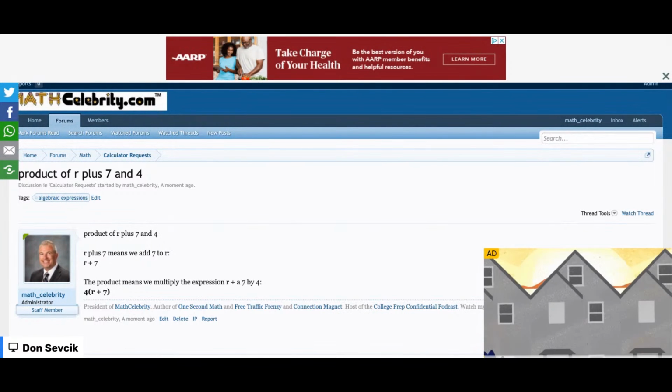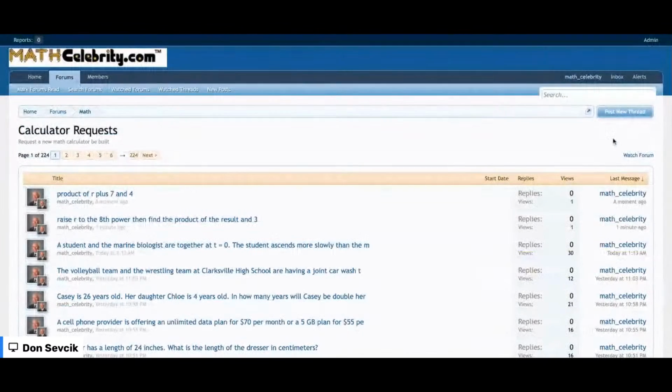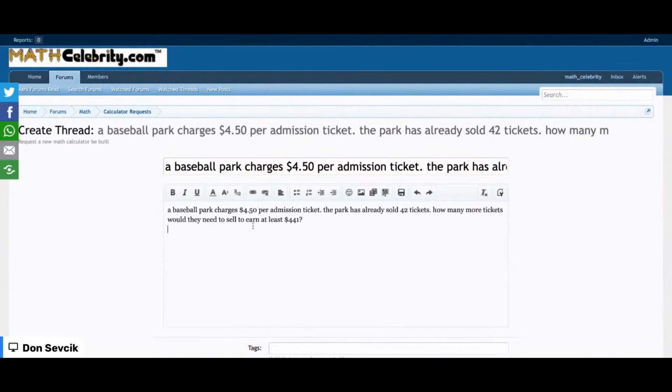Next, this looks like a cost function. A baseball park charges $4.50 per admission ticket. The park has already sold 42 tickets. How many more tickets will they need to sell to earn at least $441?